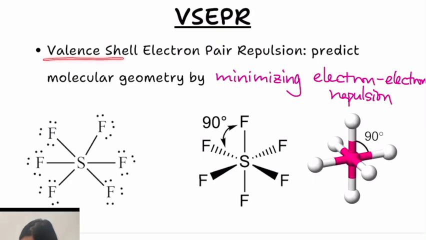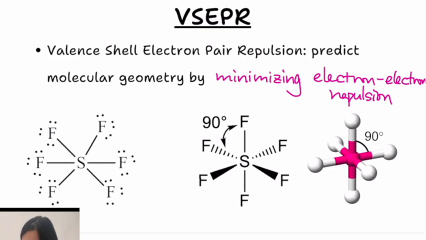Valence shell electron means it only occurs between the valence electrons. And the pair means that the electrons always have to be in pairs, either lone pairs or bonding pairs. And the repulsion refers to the repulsion between lone pair electrons, the repulsion between bonding pair electrons, and the repulsion between bonding pair and lone pair electrons.